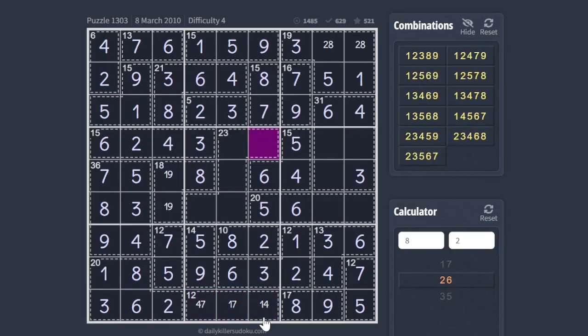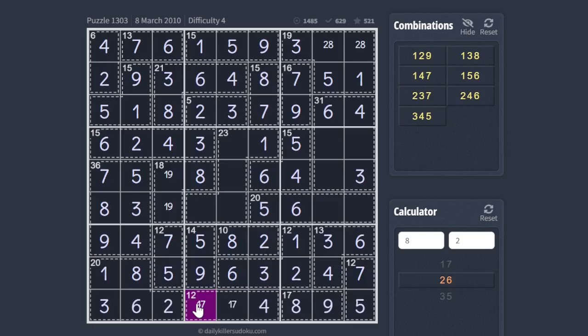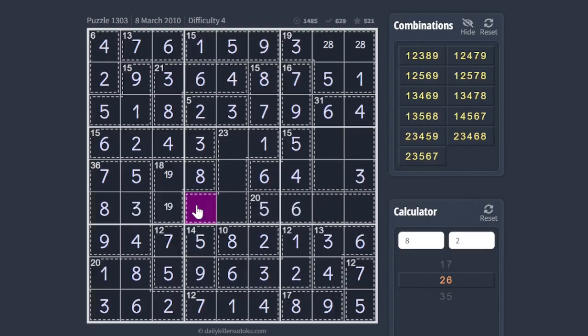The only options for these two cells are a 1, 4, but we've got a 4 here. So this must be a 1. It makes this a 4, and this unravels. So this is a 7, and this is a 1. And that makes this 4.